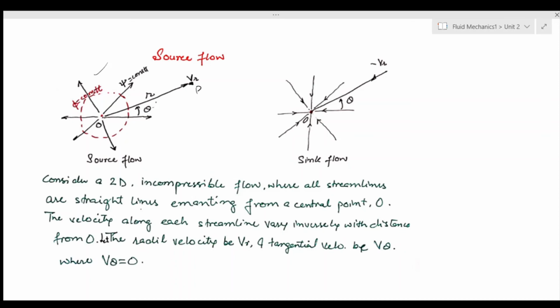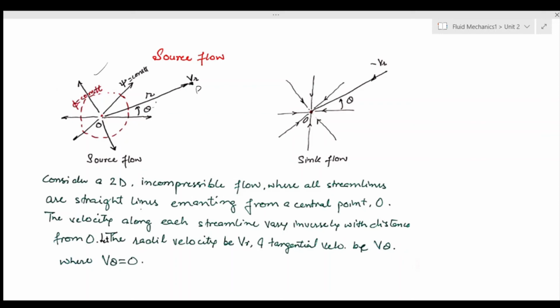If I change r to r2, the velocity would change to vr2. But for a fixed value of r, let's say r1, if I go around theta, then velocity is not going to change. I hope you understand this: the velocity will only change if I am going along r. For a fixed r, if I move along theta, velocity is not going to change.